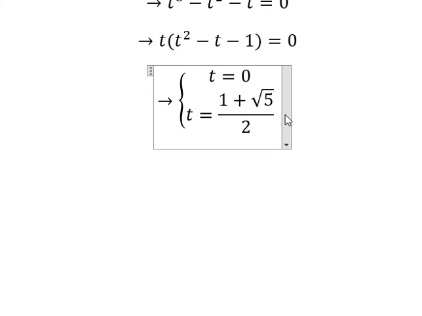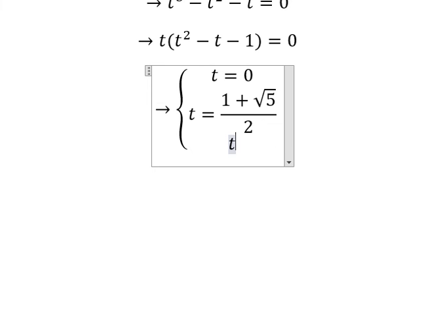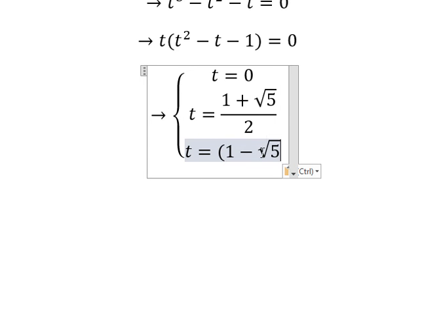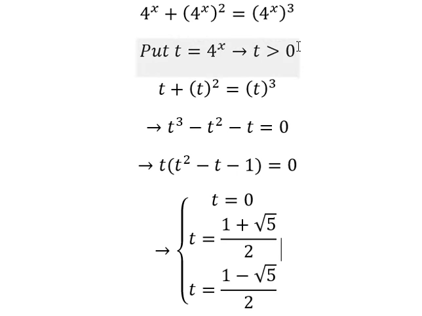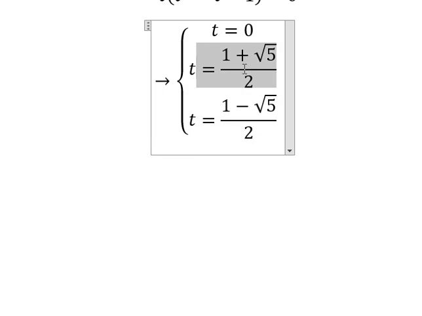And the next one, t equals (1 minus the square root of 5) over 2. We need to know that t should be greater than 0, so we have only one solution.